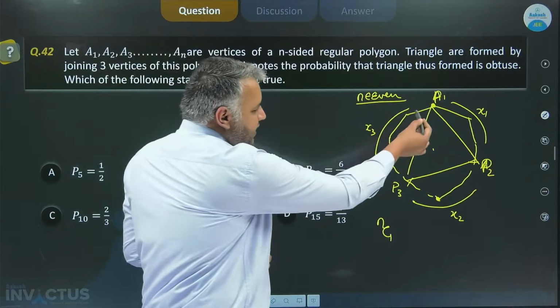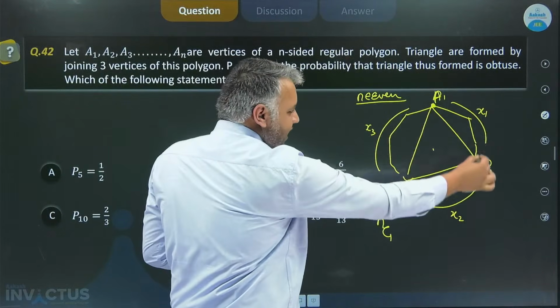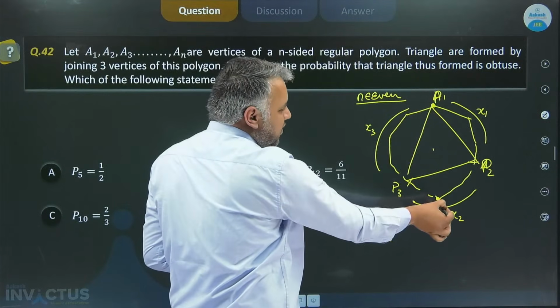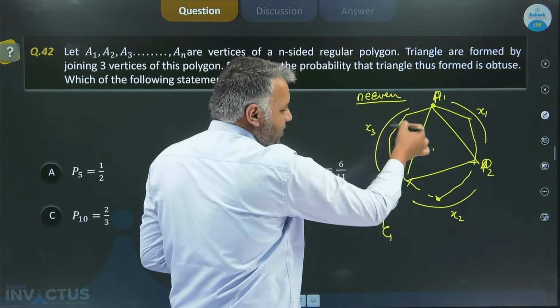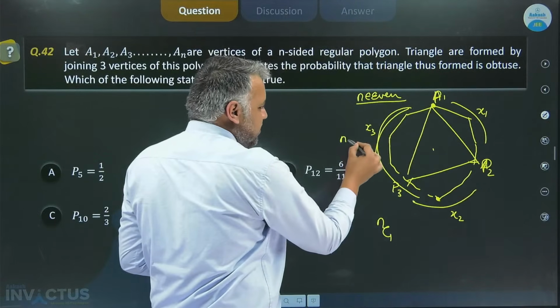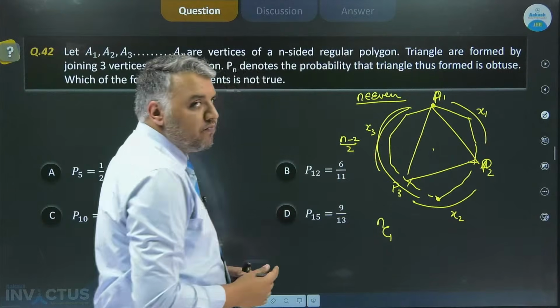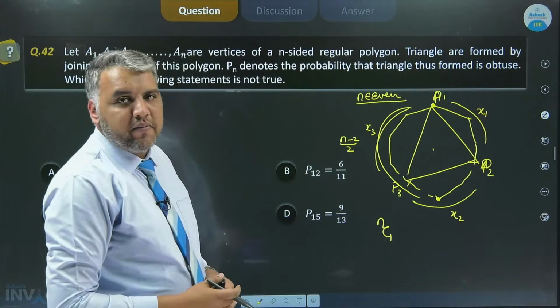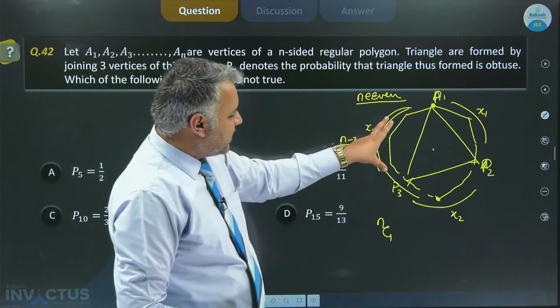So how many vertices are there? There are total n vertices. We are counting P1 and the opposite vertex corresponding to P1, so there will be total n minus 2. So here there will be n minus 2 divided by 2 vertices.